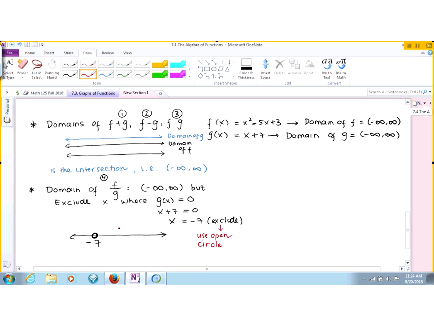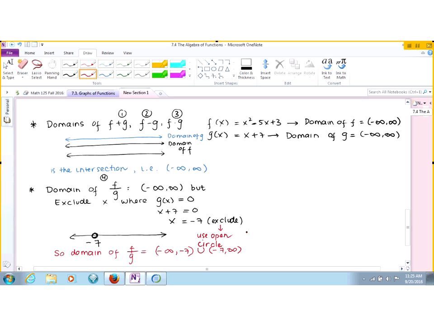Alright, so now tell me what is the domain of f over g. So, domain of f over g is what? Negative infinity to negative 7, bracket or parentheses? Parentheses, union, negative 7, yes, comma. Alright.